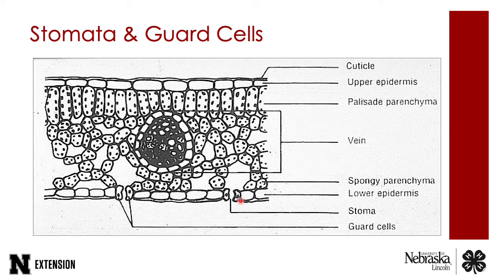You can see another one here, two guard cells and an opening. And plants can open and close the guard cells to either allow moisture to leave the leaf or to prevent moisture from leaving the leaf. And they also use these openings to allow gas exchange.